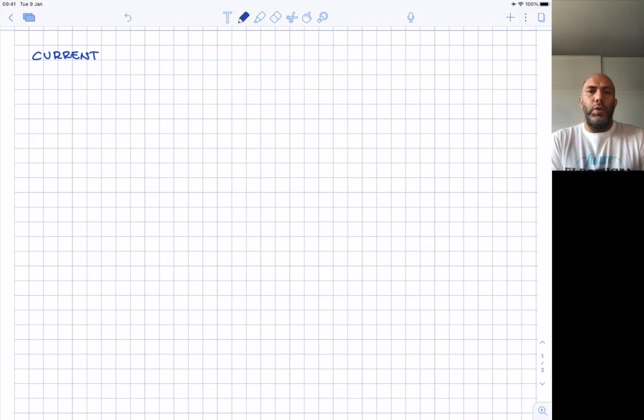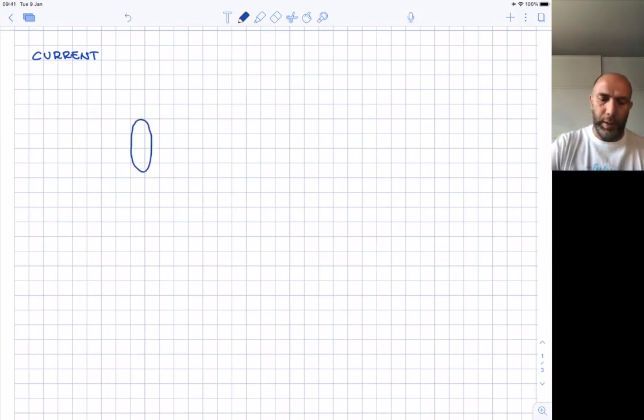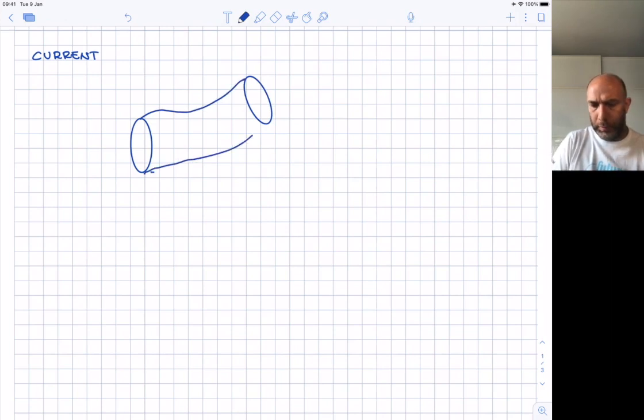Let me now introduce the physical quantities that we use to study electric circuit. The first one is the current. To define the current, we can define a piece of conductive material where an electric field is acting due to external sources.